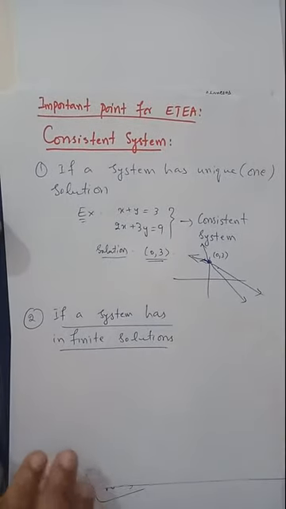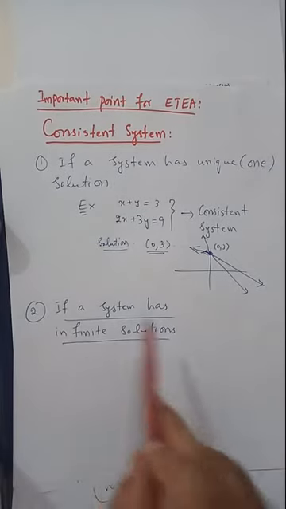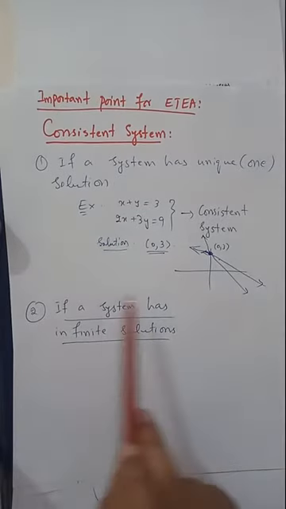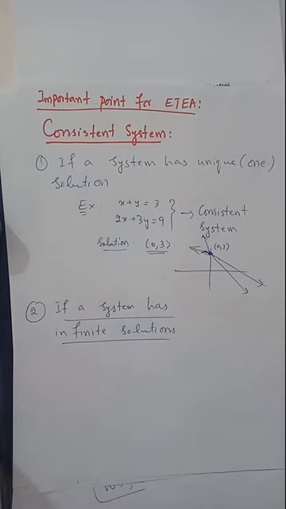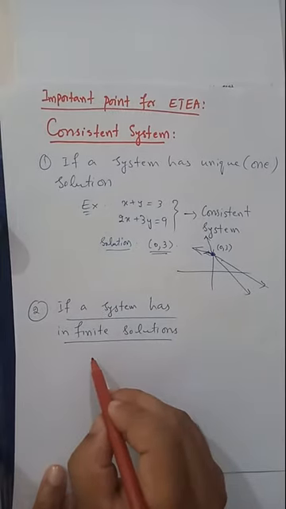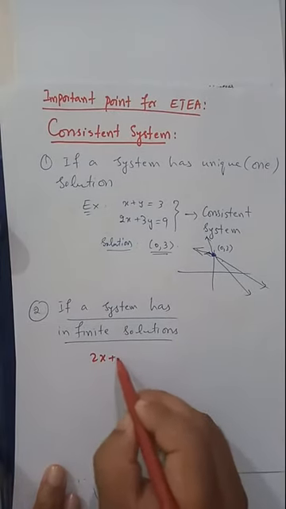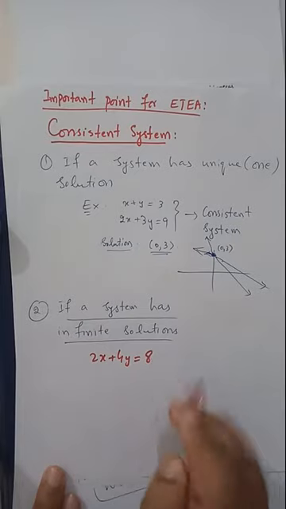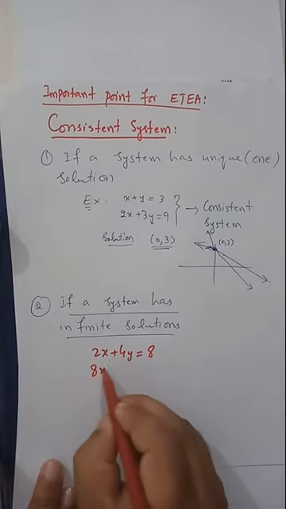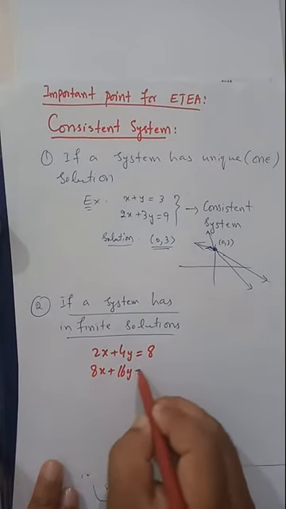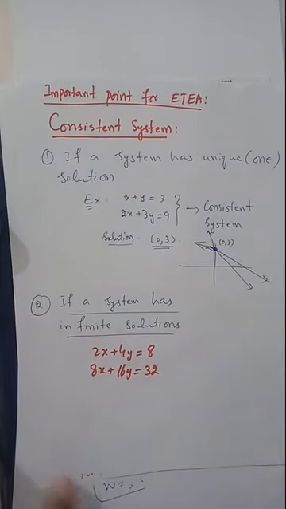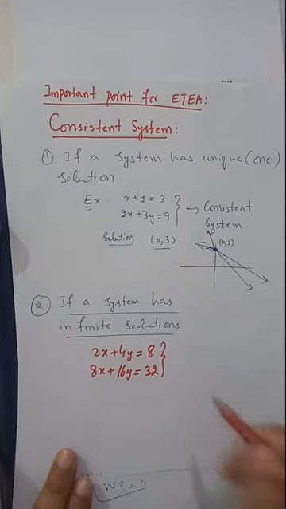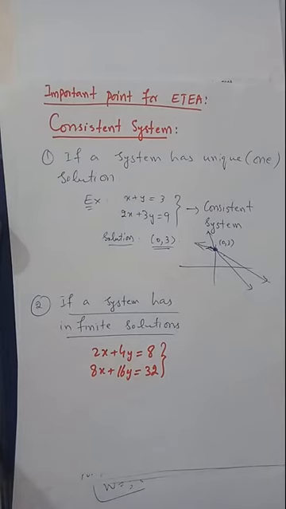If a system has one solution or infinite solutions, that system is called a consistent system. Considering an example: 2x plus 4y equal to 8, 8x plus 16y equal to 32. This is a system of linear equations in two variables, and this is a simultaneous linear system.